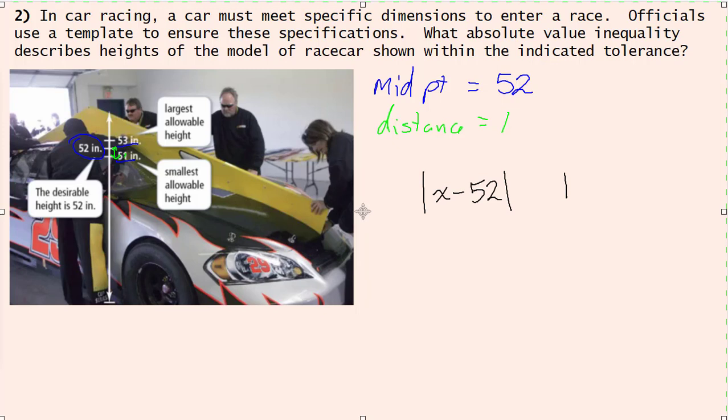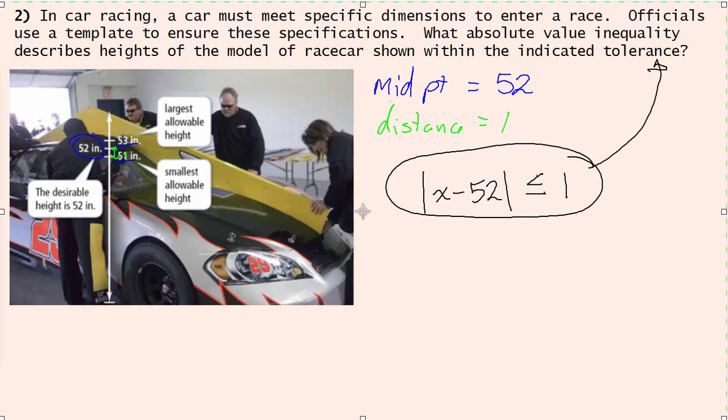More than that? It says the largest allowable height is that 1 inch away, so that means I need to be less than or equal. And is that height allowed? The answer is yes. So that's my inequality, and that is within the indicated tolerance.